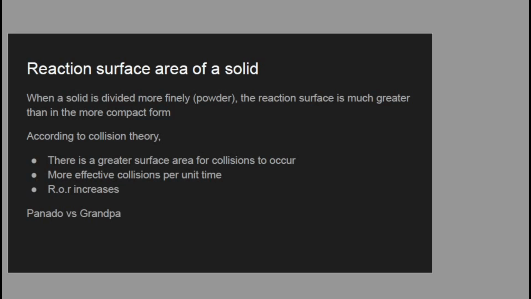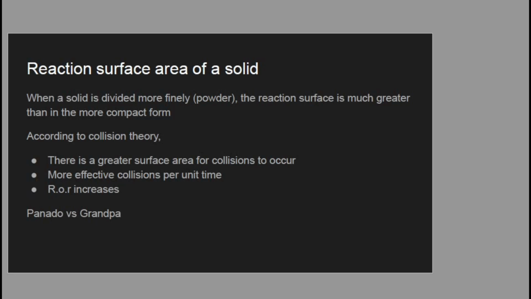After I've crushed it into powder, the surface area is much greater than in the more compact form. According to the collision theory, there is a greater surface area for collisions to occur. When there's greater surface area for more collisions to take place, there are more effective collisions per unit time. Thus, the rate of reaction does increase.